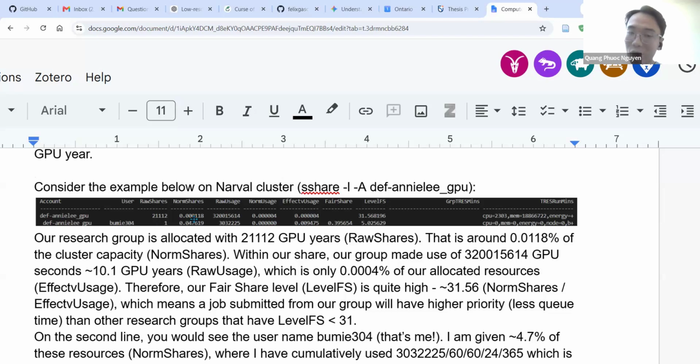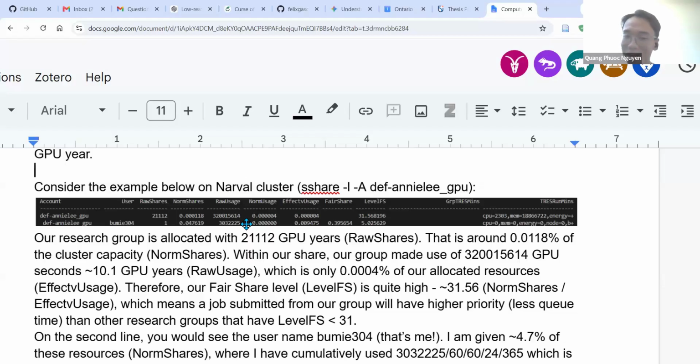The raw usage will help you understand how many computing resources, in terms of seconds, our group has used cumulatively up until now. So the raw share shows a value in years, but the raw usage shows a value in seconds, so you might need to do some math to convert it back to years.